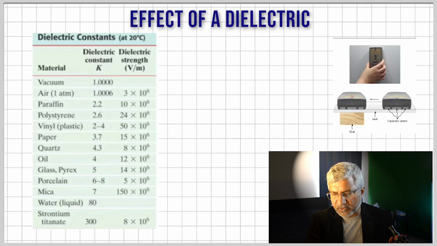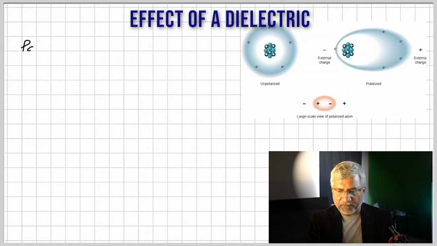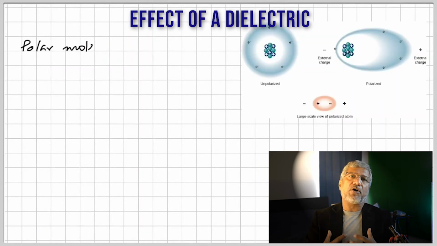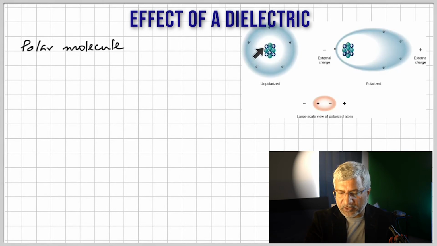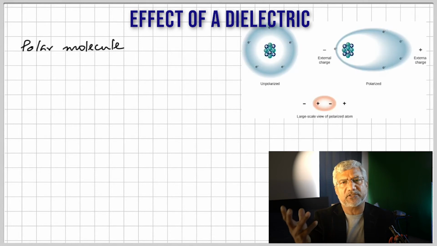So we're going to now take a closer look at how the dielectric functions by looking at what is called dielectric polarization. All right, so you know there are 2 types of molecules, polar and nonpolar. Basically, the center of all the positive charges is at the center of the nucleus because the protons are positive, and that's where they are situated.